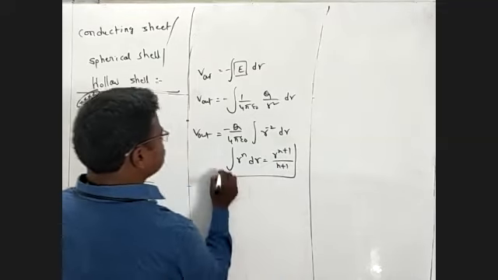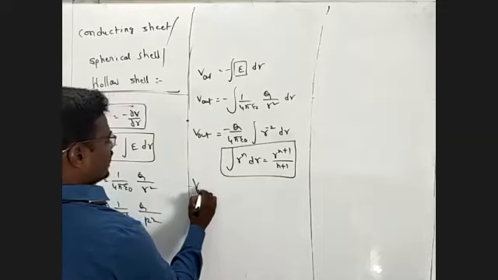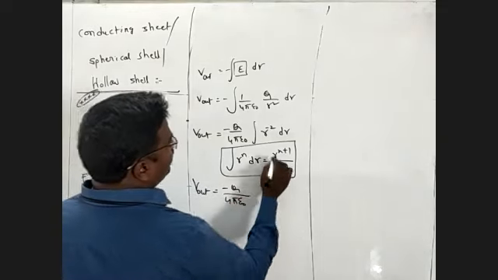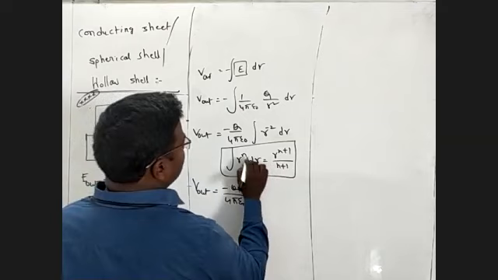This is a formula. So V out is equal to minus Q by 4 pi epsilon naught, and n is minus 2.